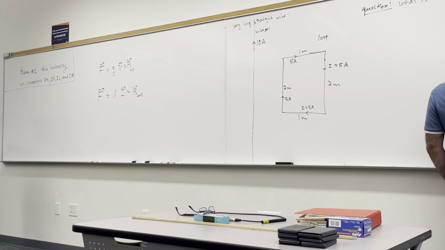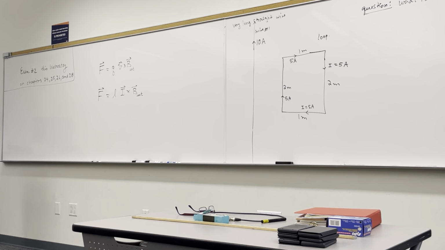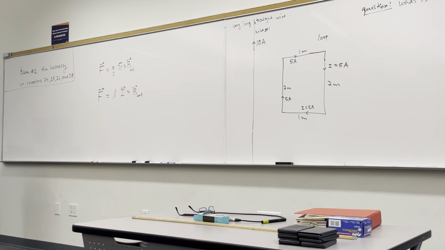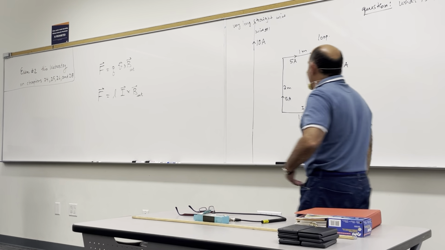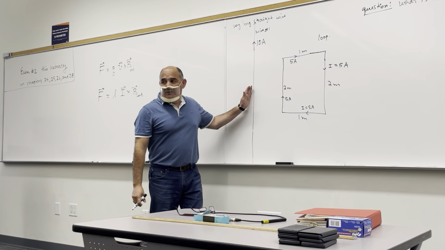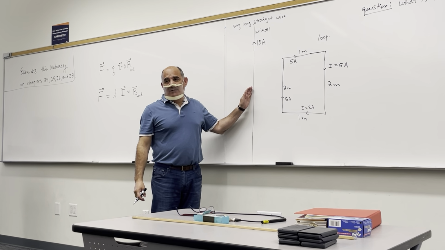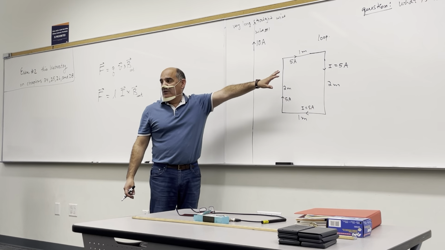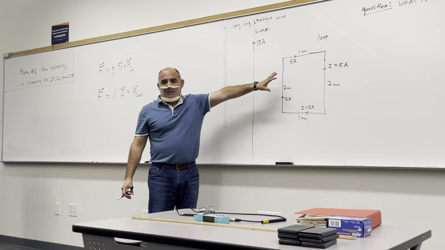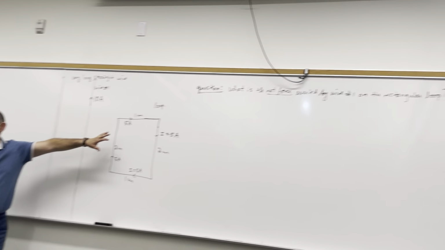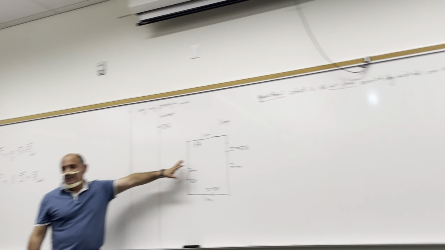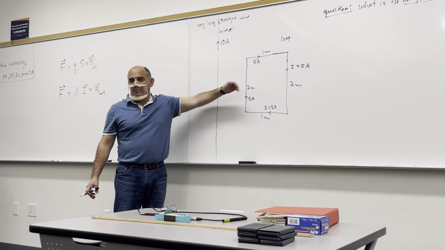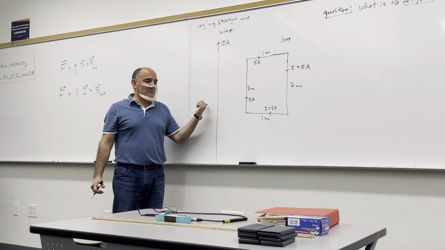Exerted by wire number 1 on the rectangular loop. So the current in this wire number 1, the one that's very long and straight, will generate a magnetic field over there, where this rectangular wire is, and that magnetic field will exert a force on this rectangular loop. What is the net force on this loop exerted by the current in this very long straight wire?